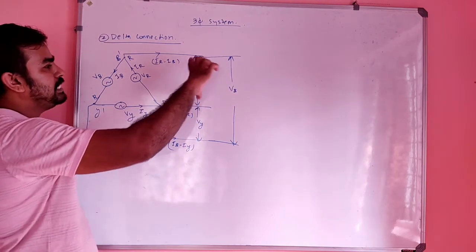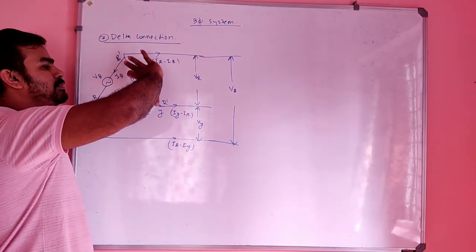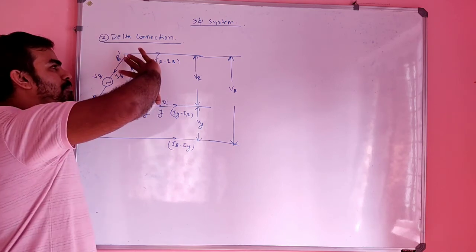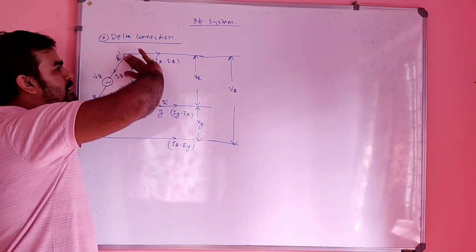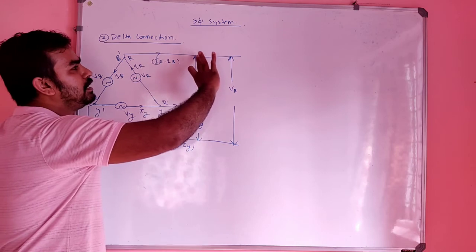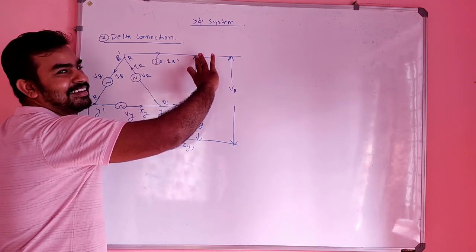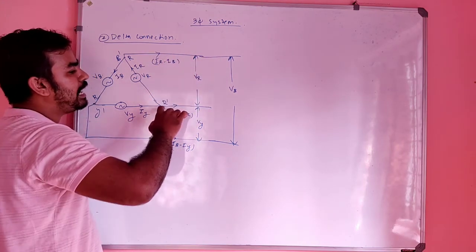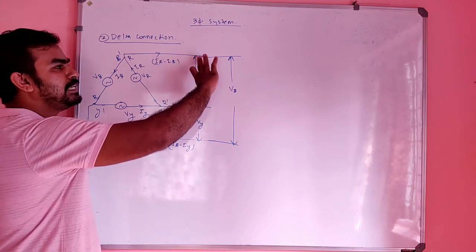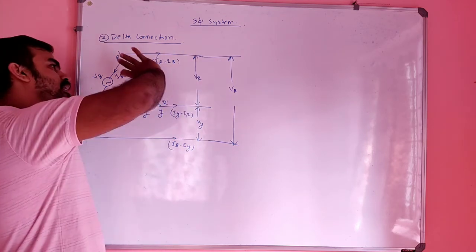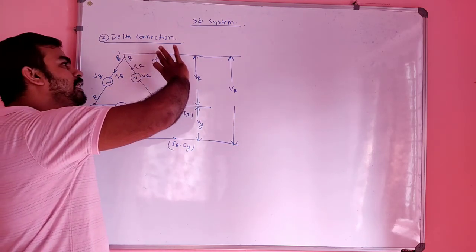And see, what about the phases, right? This is the VR phase. Definitely there will be some voltage. The same voltage will be available here also. That means across R and B, R and Y, you can feel the same voltage VR, because this is exactly taken to this side.